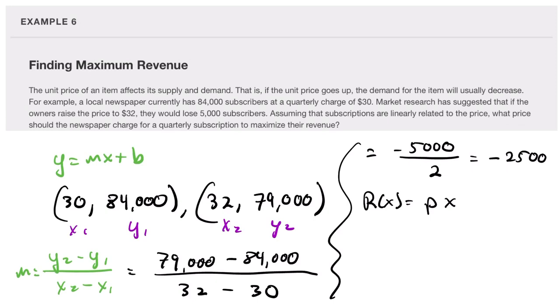As the unit price goes up, the demand will usually go down. There's something that I'm missing here.